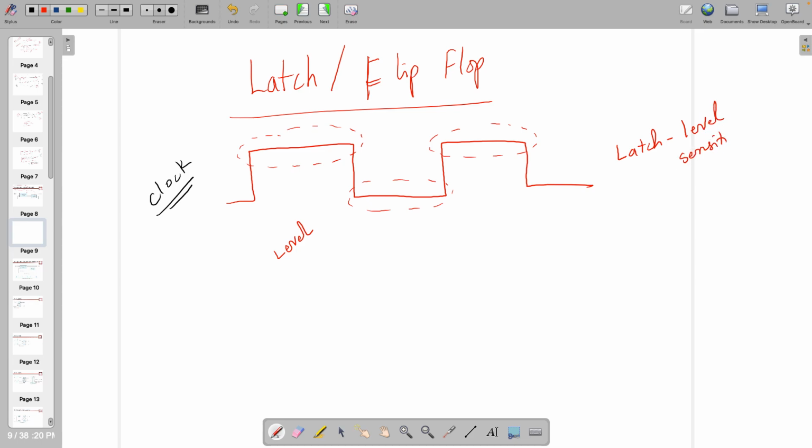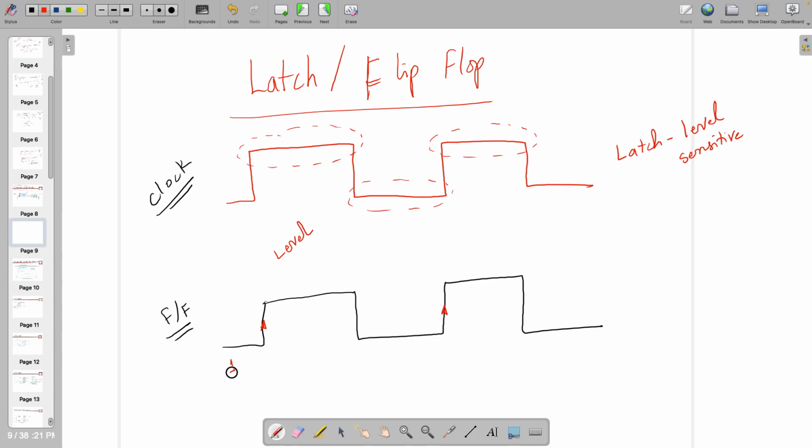That's the word you will see written everywhere in books, but the meaning of level sensitive is that it depends on what level you are feeding, whereas a flip-flop is one where it is not working with the level, however it is working with the transition.